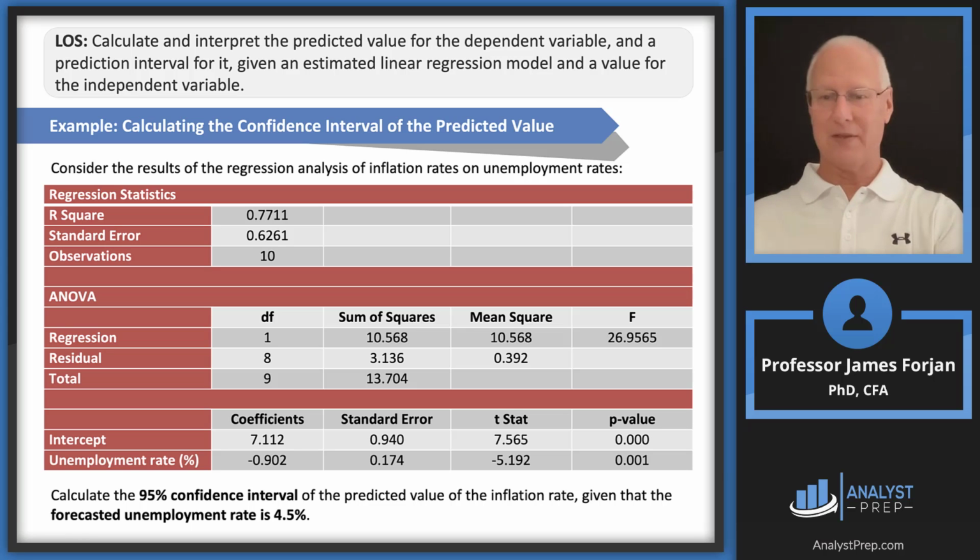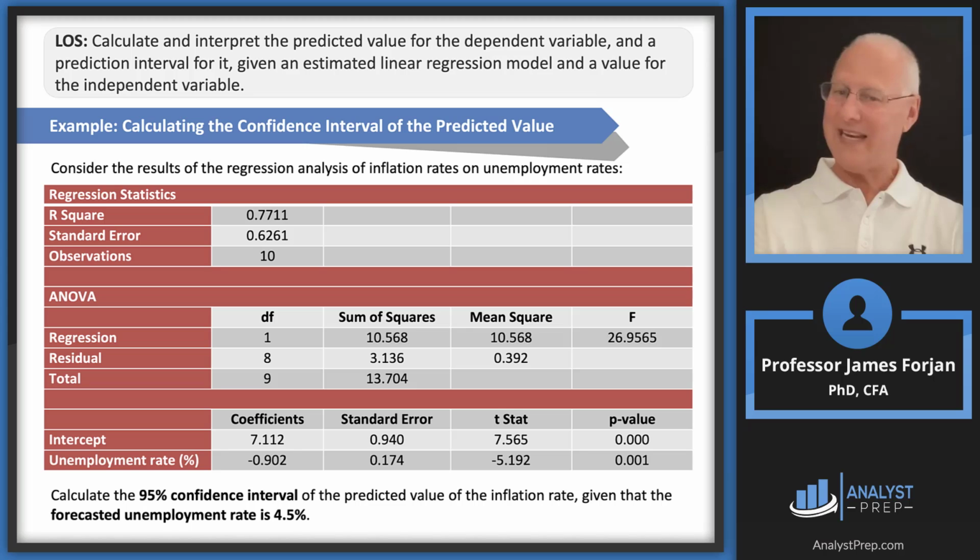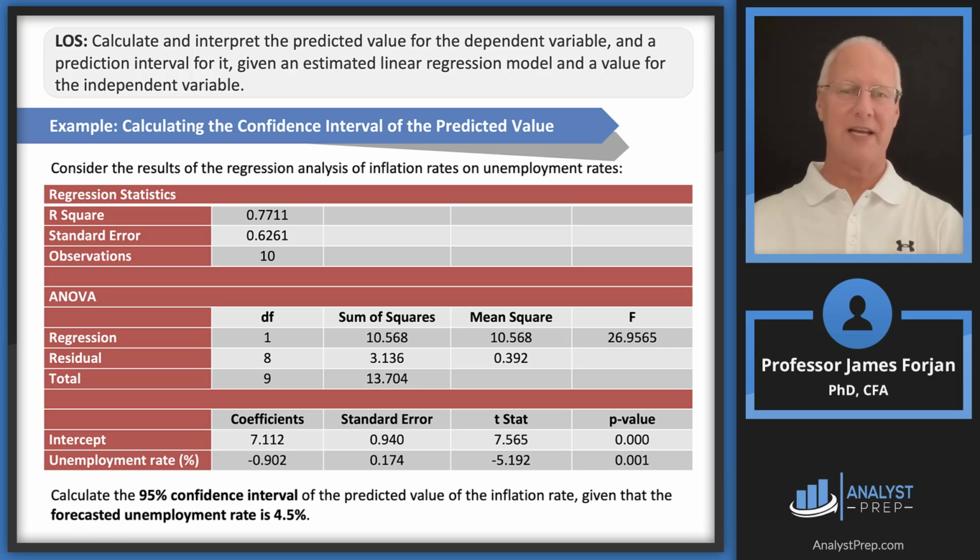Then down below, you'll get the intercept. You'll get the standard deviation. You might not get those test statistics, so all you need to do is take 7.112 divided by 940, and the same thing for the unemployment rate. Those p-values over there will probably be given to you. Remember what I said earlier about the t-stat for that dummy variable?